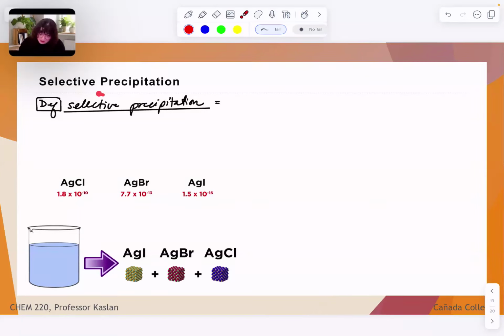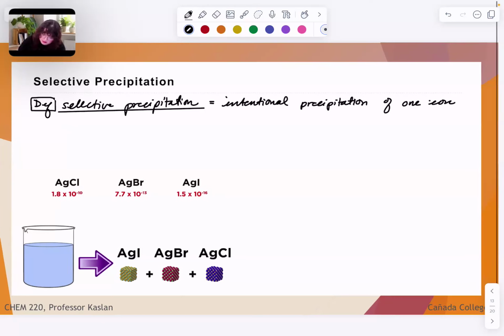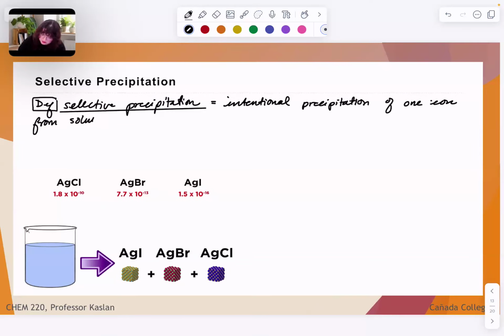So think about being selective, you're being choosy, right? So if we're talking about selective precipitation, this is the intentional precipitation of one ion from solution as a solid while leaving other ions dissolved.